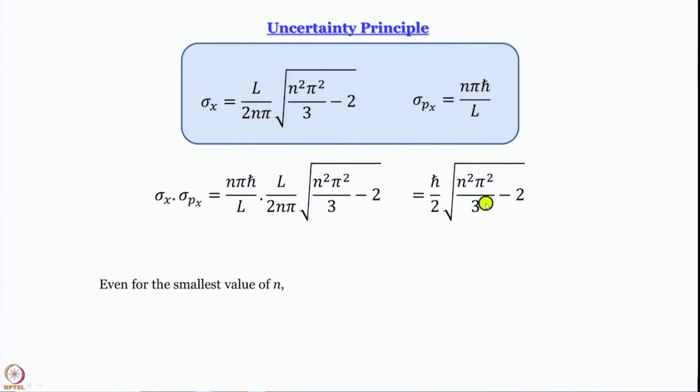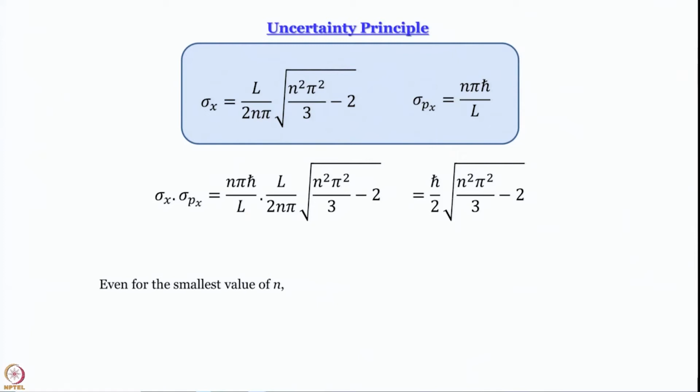Pi square, pi is 3.142 in fact, so the square of that is going to be more than 9. You do not need to remember the exact value. So, more than 9 divided by 3 is more than 3. So, more than 3 minus 2 is more than 1. So, what you have under the square root is a real number which is more than 1.